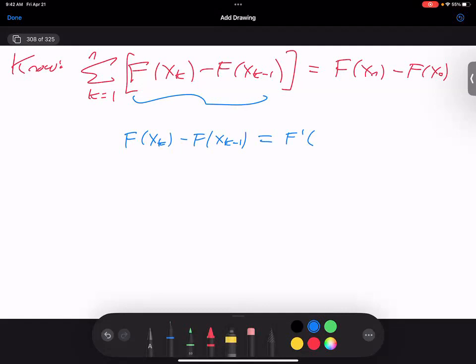I need a letter. I'll use m for the mean value theorem. I'll call it m_k times x_k minus x_{k-1}.